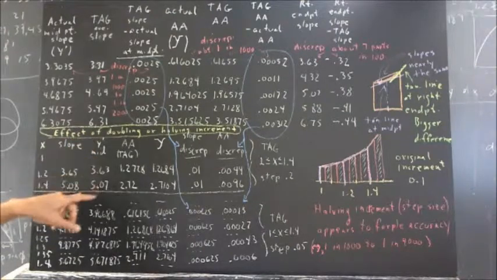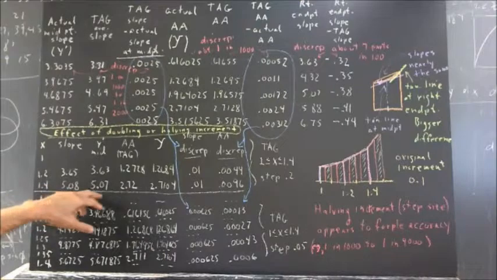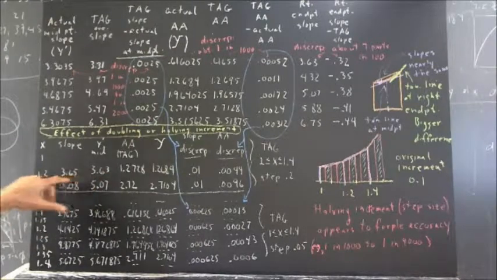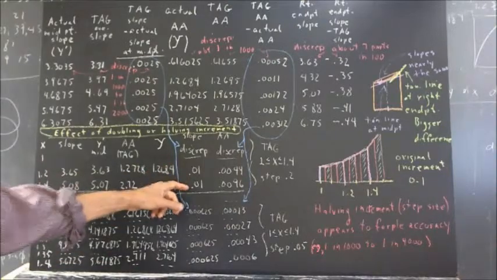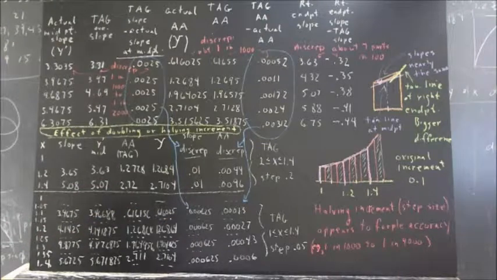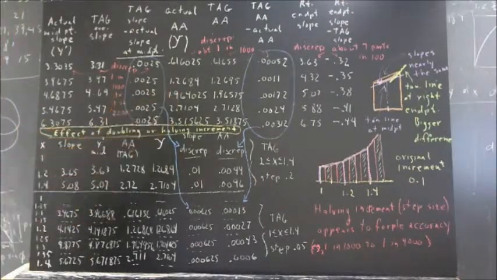Here are the y primes at the midpoint, 3.65 versus 3.63, 5.08 versus 5.07. Discrepancies in the slopes turn out to be 0.01, and there's apparently some round off error here, or I just copied the numbers down wrong, but the discrepancies are going to be the same, and they're both going to be 0.01 between slopes as approximated and the slope of the actual function at the midpoint.